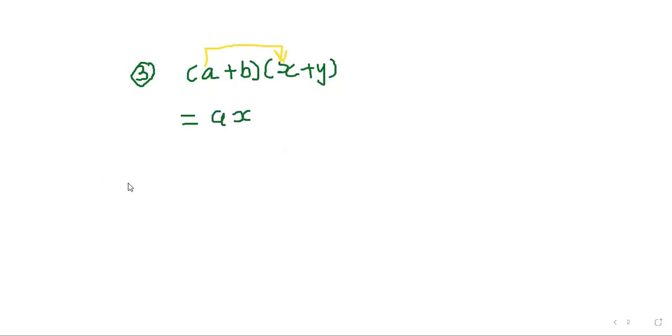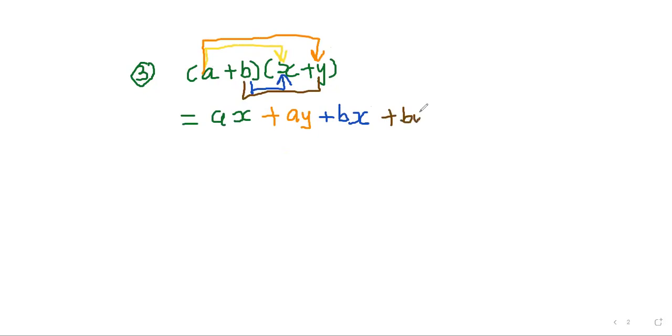Then a times positive y, that's positive ay. Then positive b times x, that's positive bx. And lastly, positive b times positive y is positive by. That is going to be your final answer if you're multiplying the expressions.